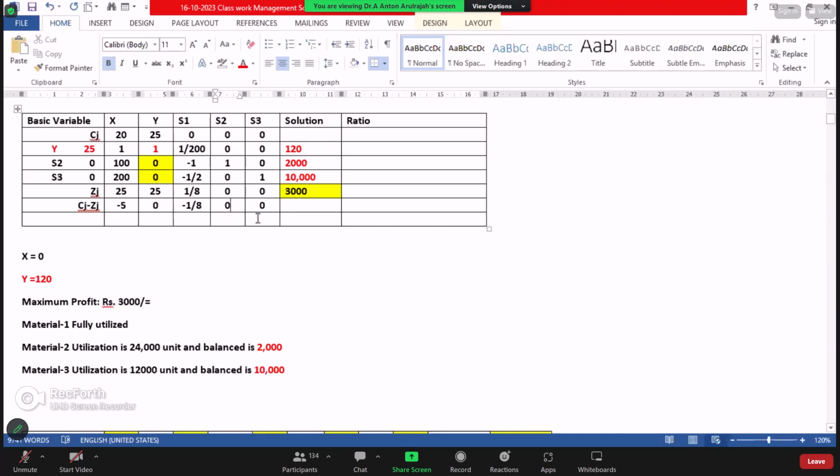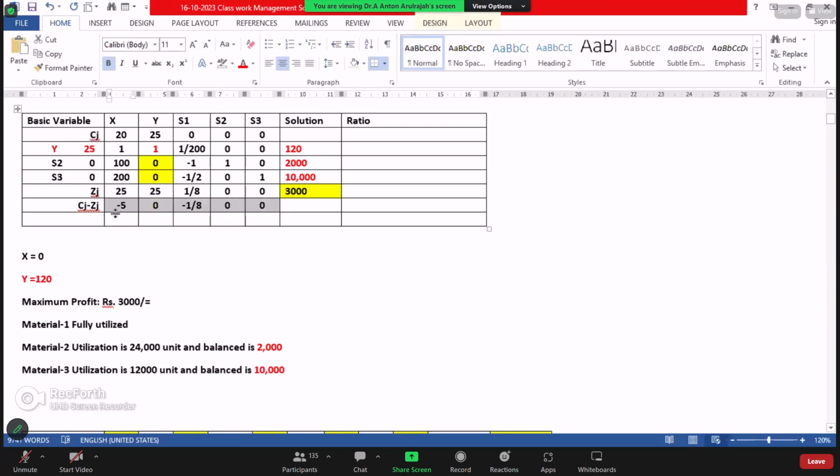That's all. Because if it is not maximized, we have to go for the next table. But we don't need to go for it here, because you see all the Cj minus Zj values are zero or negative. There are no positive values. 0 is 0. So the Cj minus Zj values fall like this, minus 5, 0.